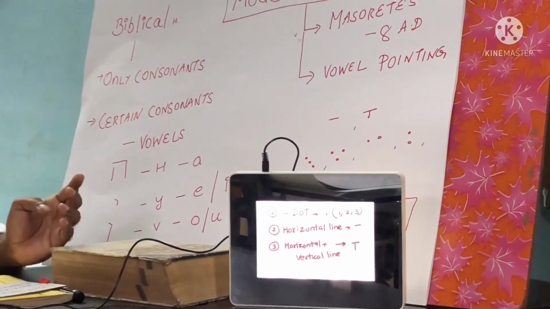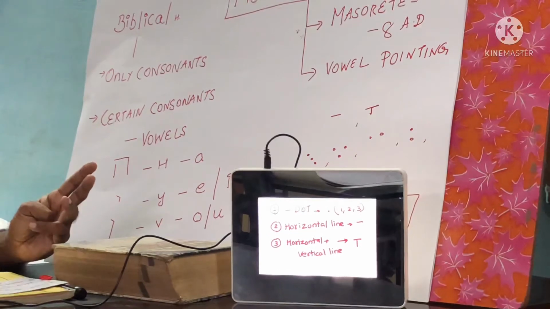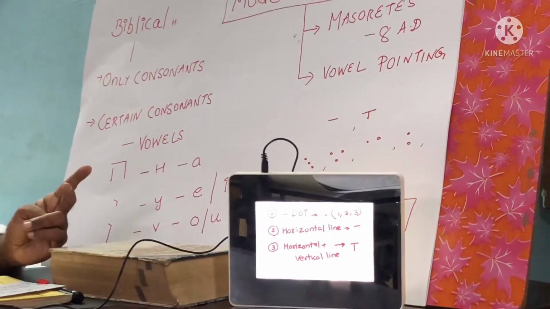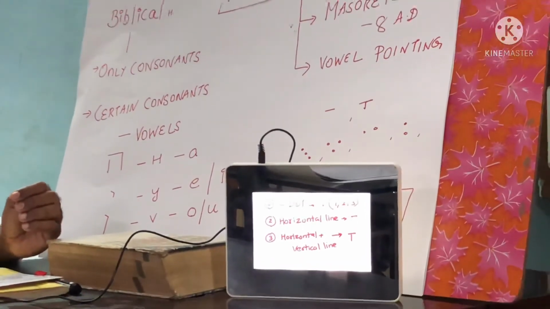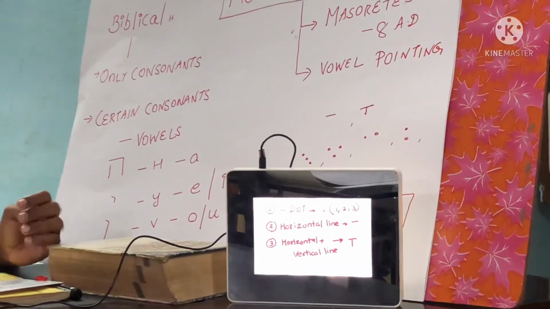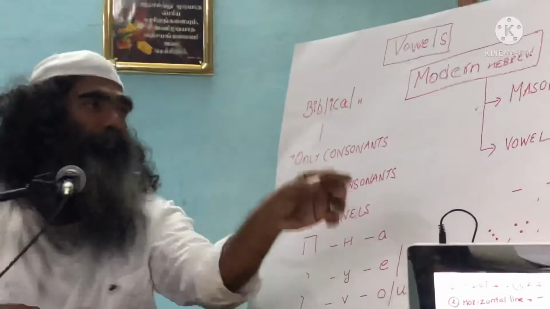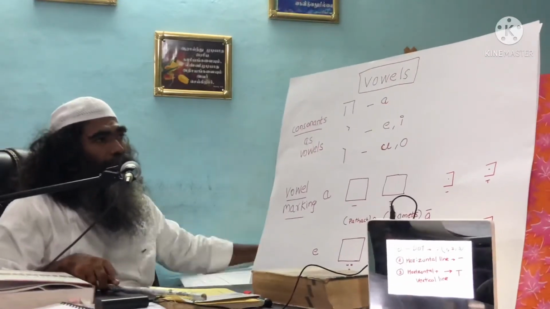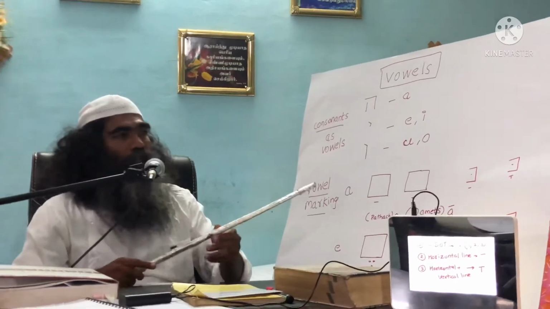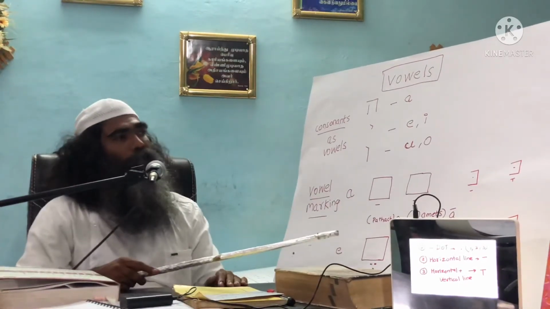I repeat, it can be either a dot, or a horizontal line, or a horizontal line with a vertical line from its middle. We are going to see it in a bit more elaborate fashion.